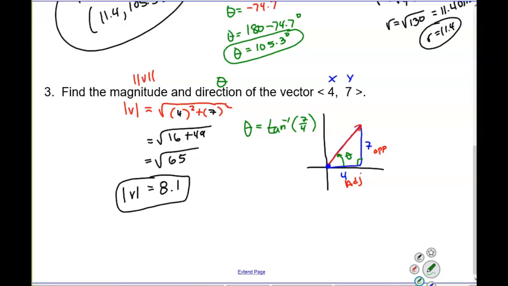Inverse tangent. And then again, I didn't think about this when I was doing it. Let's do this in degrees, so my calculator's in degrees mode. And I'll round that to the nearest.